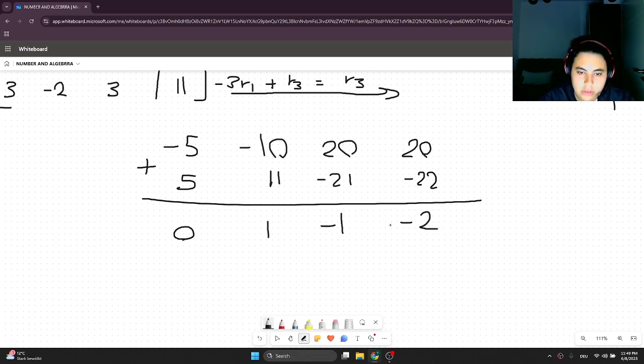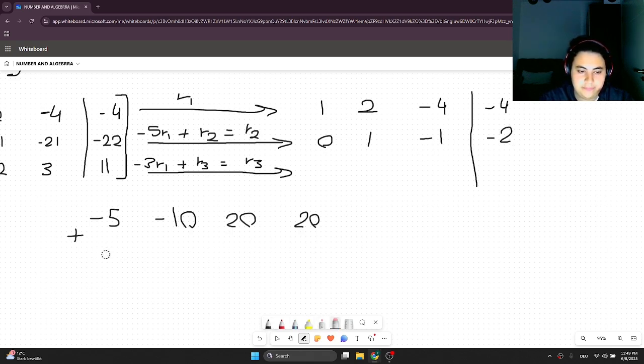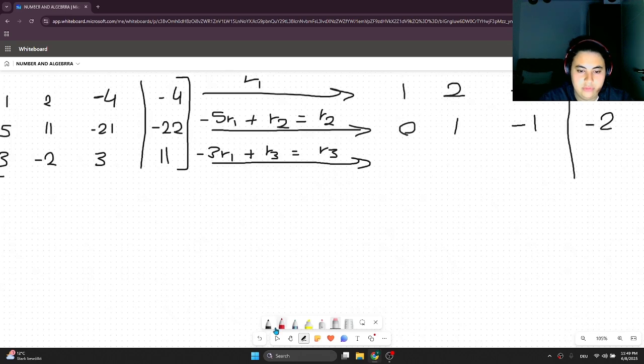Cool. So then I'm going to write this. This is my new R2. When I do the addition for these two, this is my new row 2, so I'm going to put that in: 0, 1, -1, and -2. Perfect. So let's erase this and go ahead and do the third one.